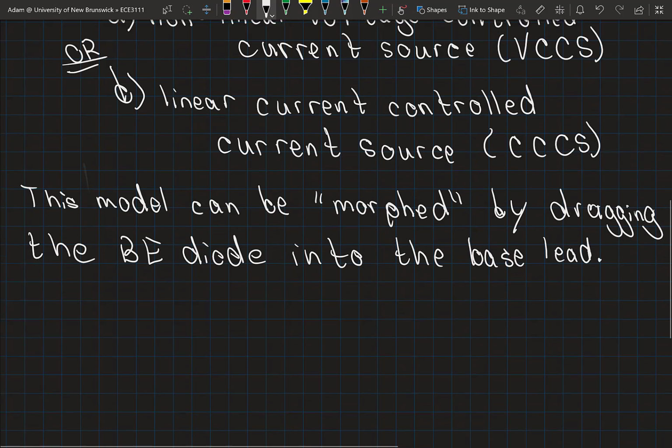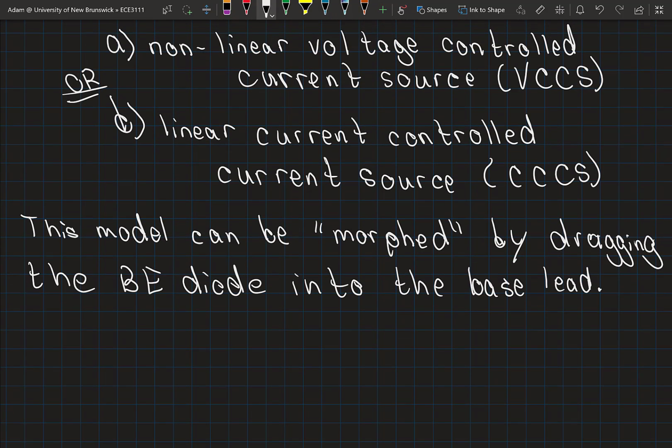When we do that, that diode is going to now see the base current rather than the emitter current, so we have to modify the diode characteristics accordingly.